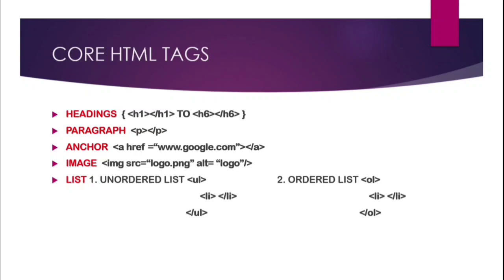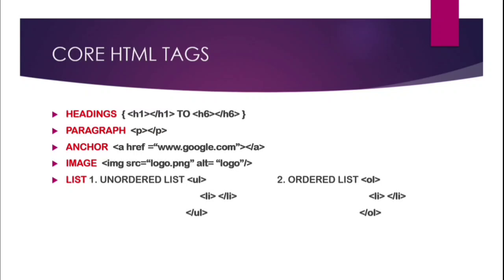Then we have the image tag, and you can see the image tag is a self-closing tag. The remaining tags like the anchor tag, paragraph tag or heading tag have both starting and ending tags. But the image tag is a self-closing tag. We don't have an ending image tag here. And we have two attributes here.